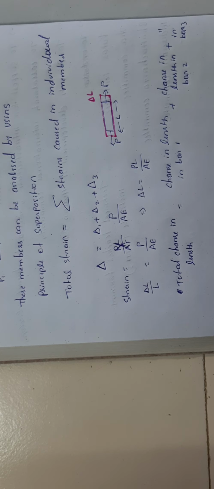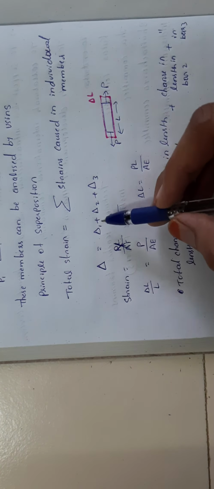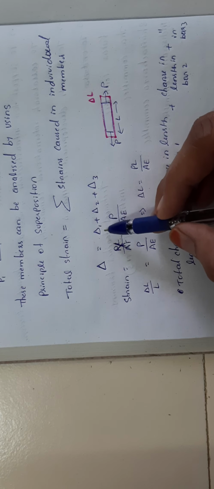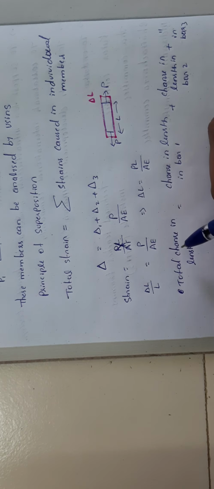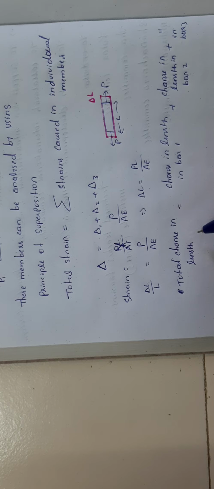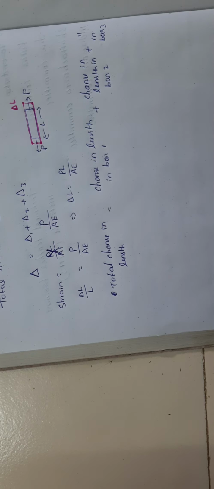Okay, so you can write it like this, total change in length, or you can also use strains: total strain equals strain in bar 1 plus strain in bar 2 plus strain in bar 3. This can also be written, or you can take it as the total change in length, depending upon how it is asked. Okay, now let us see how to solve these kinds of problems.